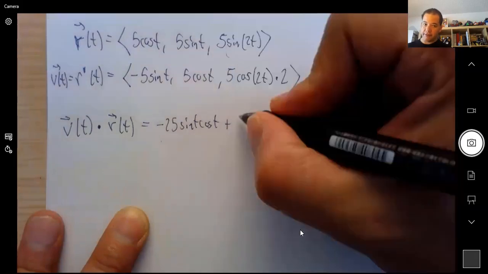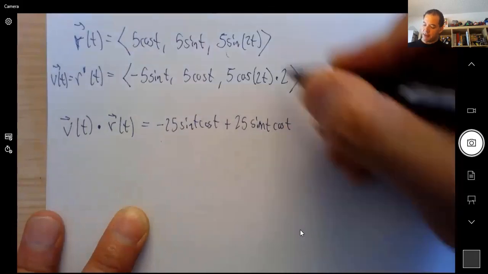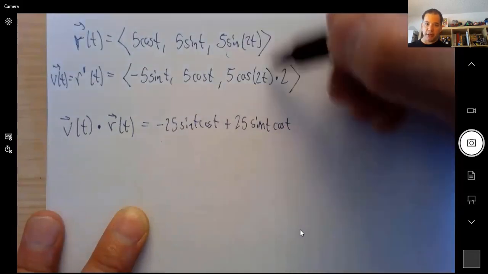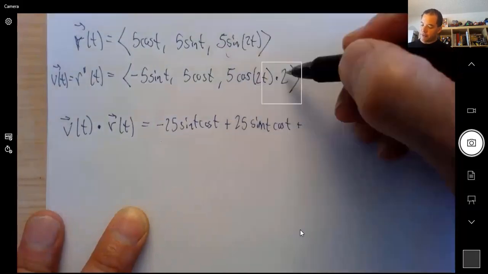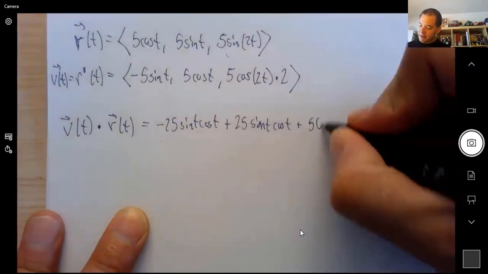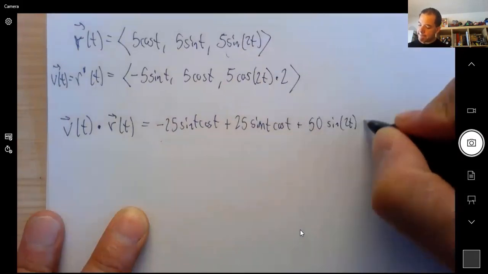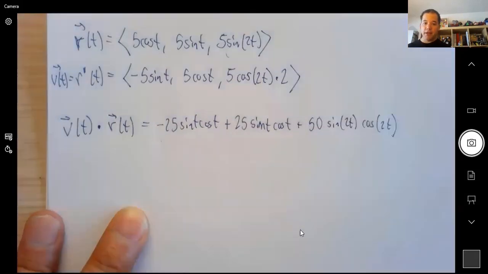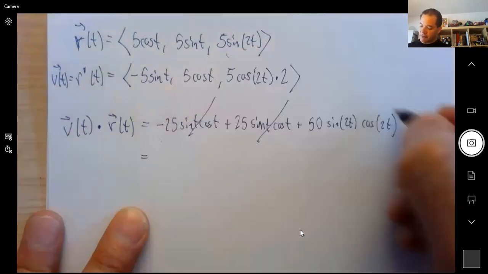That's 25 sine t cosine t, and then plus the multiplication of these last two, which is 5 times 5 times 2, so that's 50 sine 2t cosine 2t. All right, and you can tell that these two cancel, but this one does not.